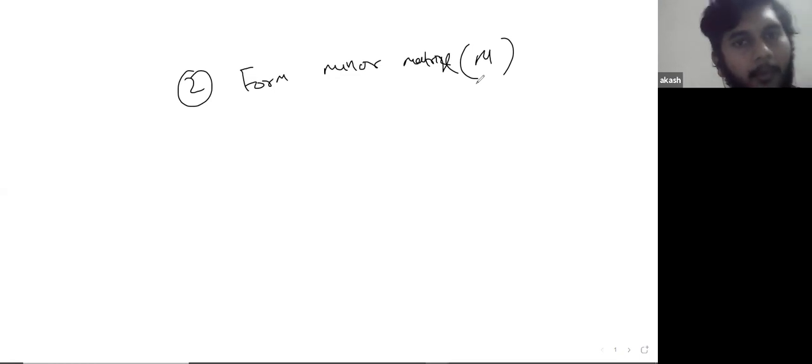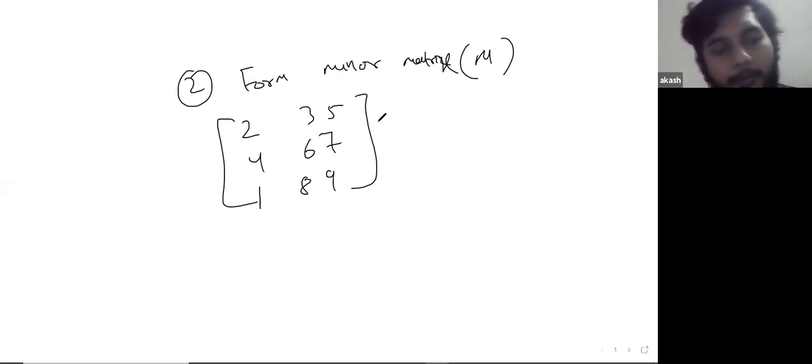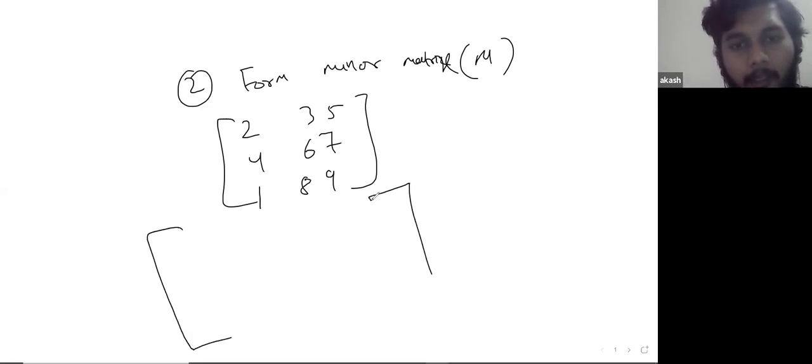Okay, form the minor matrix. What does this mean? Suppose you have a matrix 2, 3, 5, 4, 6, 7, 1, 8, 9. Suppose you calculated the determinant and it's not 0. The second step is to form the minor matrix, a matrix containing the minors of these numbers.